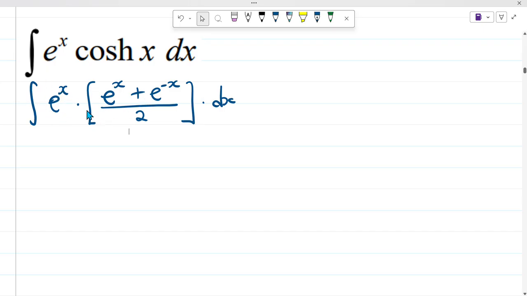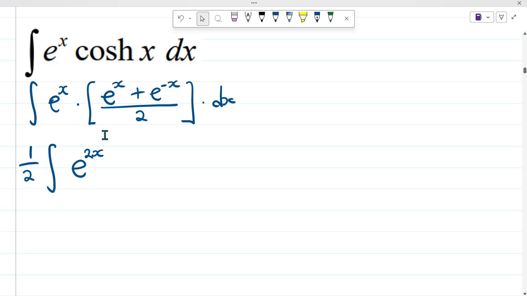Then from here, we're going to just multiply these two terms. When you multiply, you just add the exponents, of course. So we can take the 2 out, so this is going to be 1 over 2. I've taken it out, I hope that doesn't confuse anyone. So this is going to be e to the power 2x. How did I get it? I multiplied this e to the power x by this one. Whenever you multiply powers of the same base, you add the exponents.